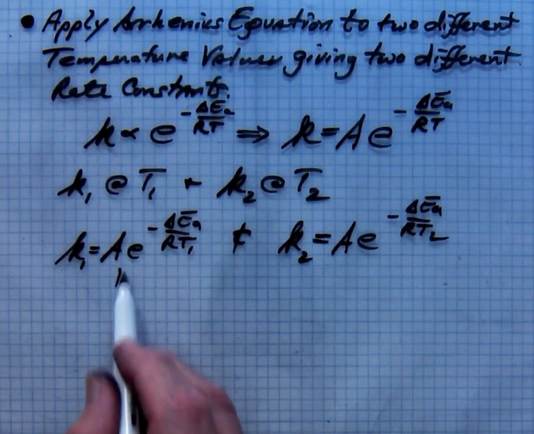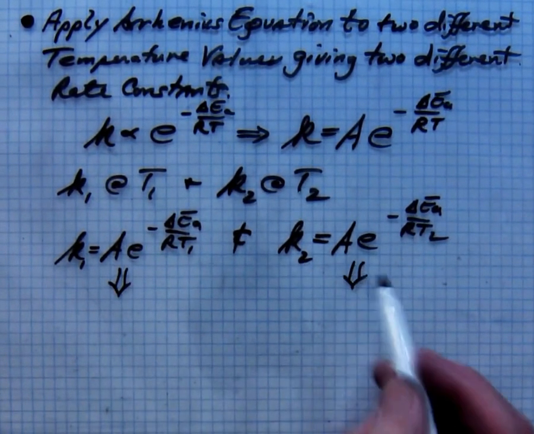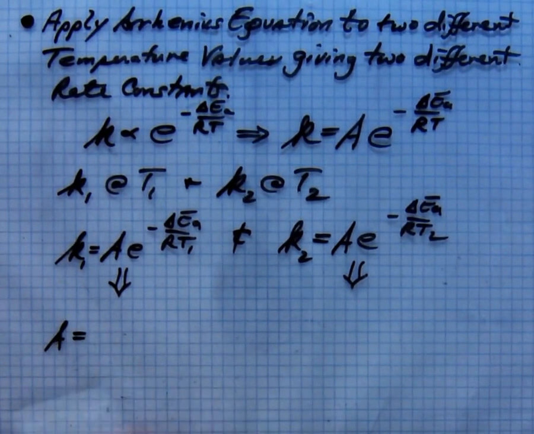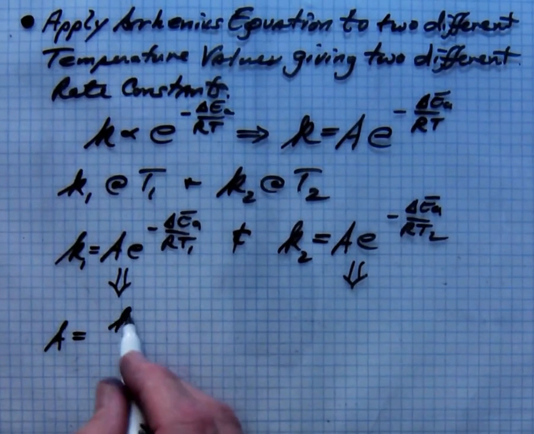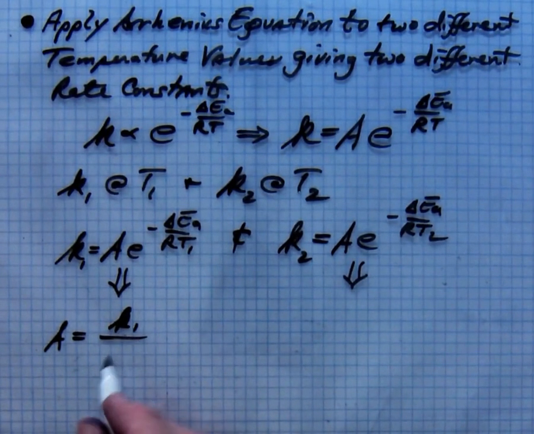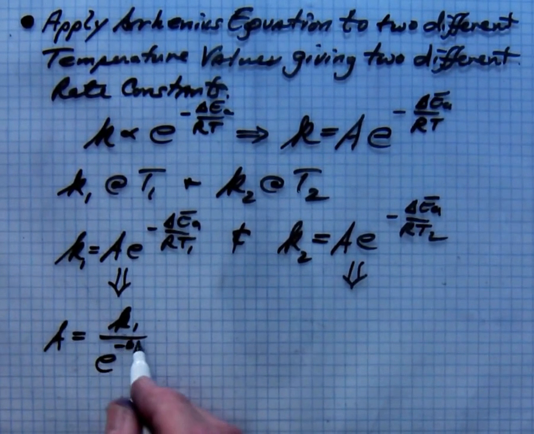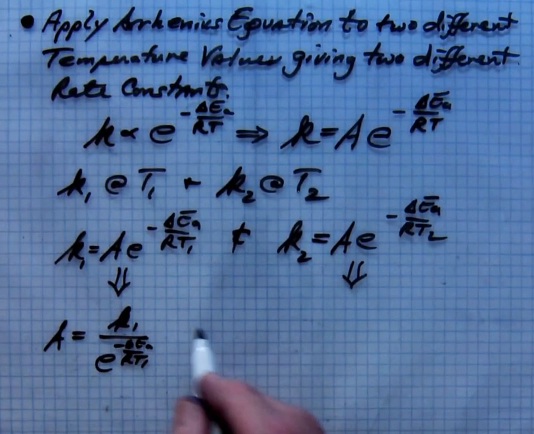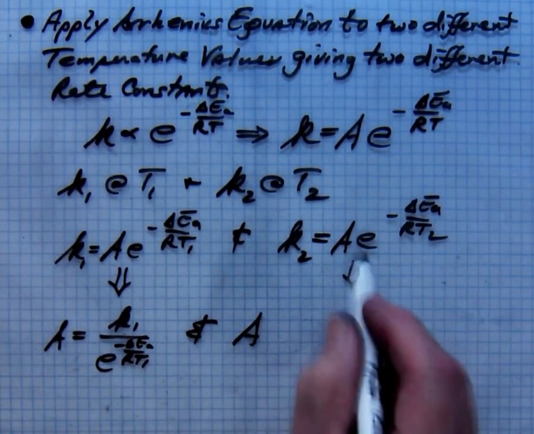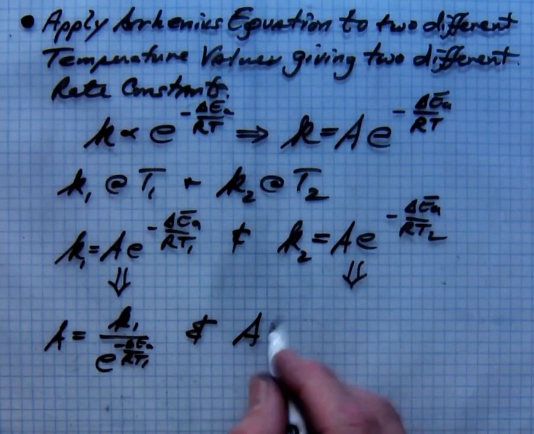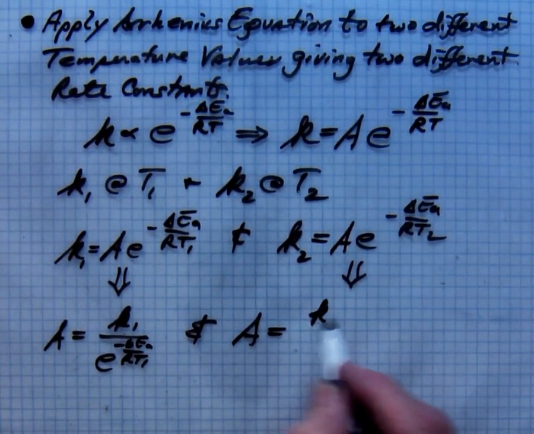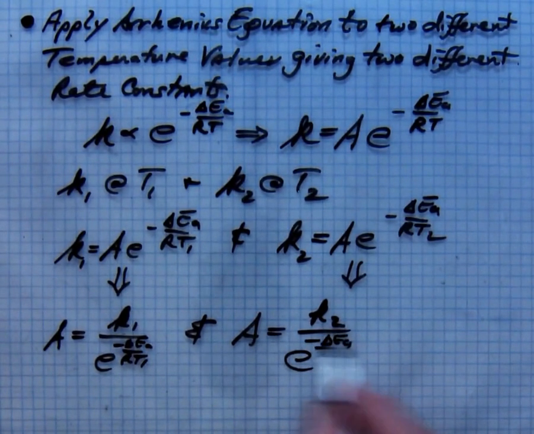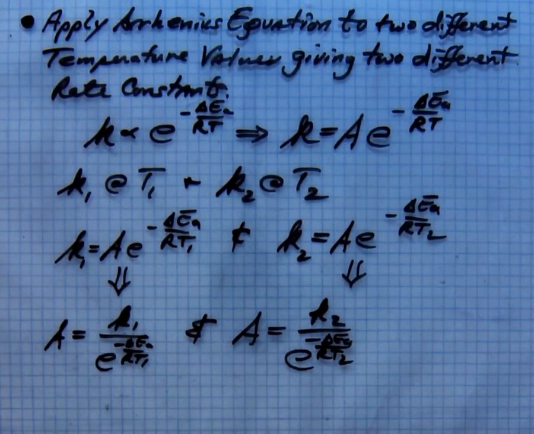Now, if we solve each one of these for the proportionality constant, we will have A is equal to K1 over e to the minus delta E sub A over RT1, and we'll have A out of the second expression equal K2 over e to the minus delta E sub A over RT2.